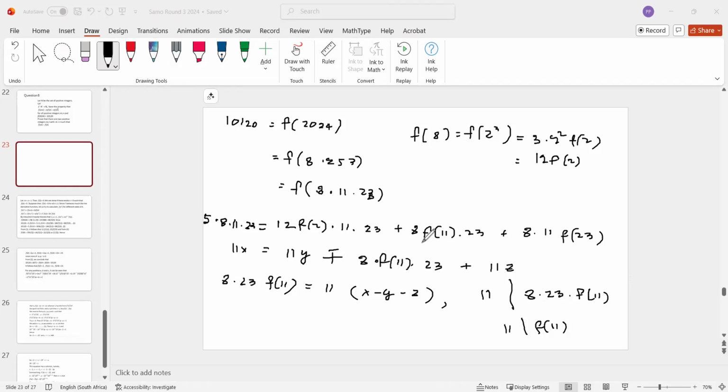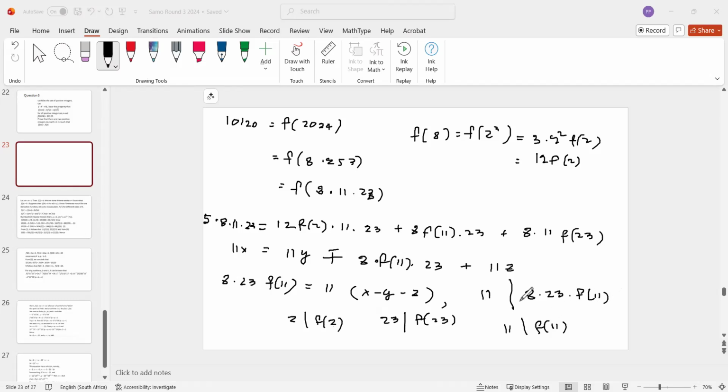All right. Now, I just chose 11. I could have chosen 23, which is also a prime number, and I could have come to the same conclusion. And then 2 is a prime number. So I could have come to the same conclusion, like how 11 is a factor of f of 11.